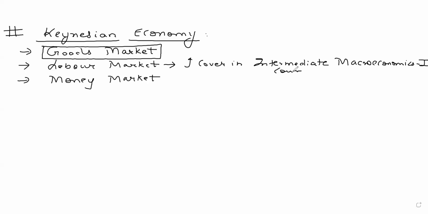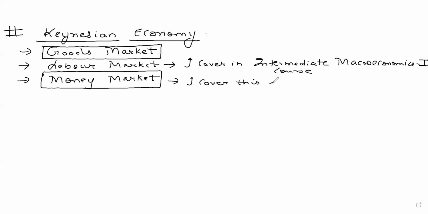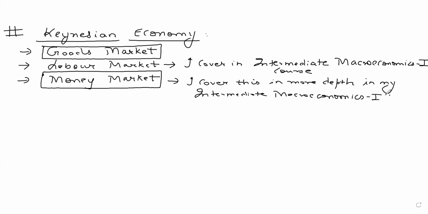Money market, we have already had lectures on quantity theory of money and money market equilibrium, but I cover the money market in more depth again in my intermediate macroeconomics part 1 course.